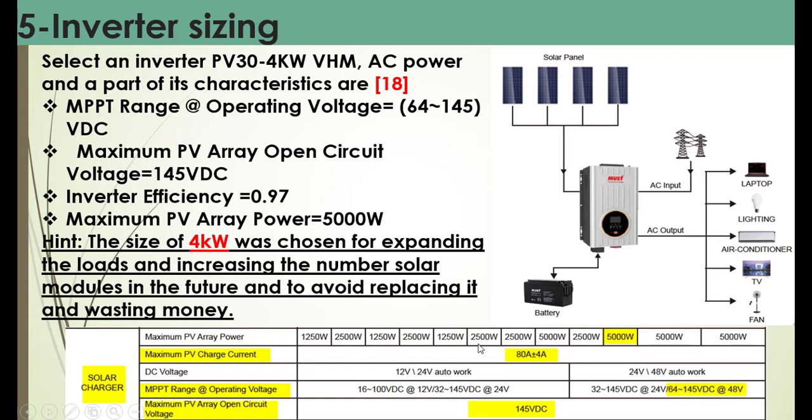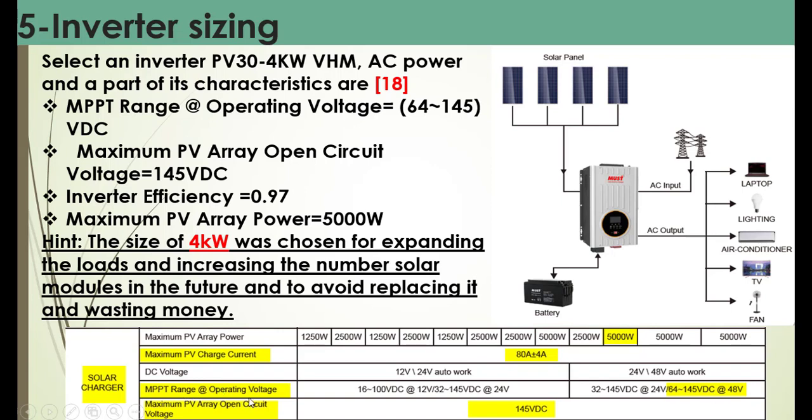This is a part of the critical characteristics of the inverter. As we see, I draw your attention to the solar charger inside the inverter. The maximum PV array for this type, as we said, is 5000 watts, and the maximum PV charge current is 80 ampere plus or minus 4 ampere, with DC voltage 48 volt.